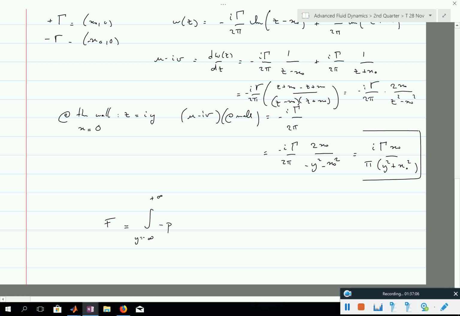The normal vector in that case is pointing in the x direction. So minus p times x times the area. In that case, how would you write the area? dy. Yeah, this is just dy.